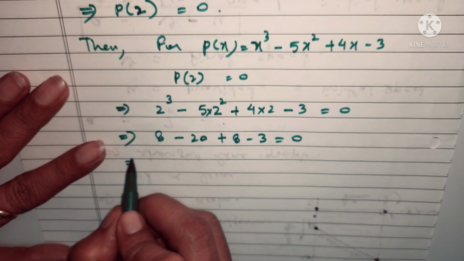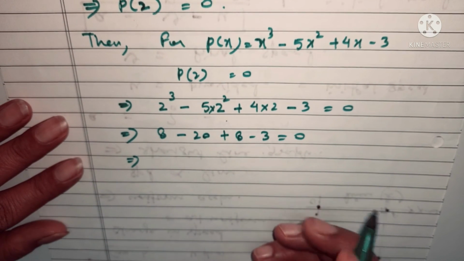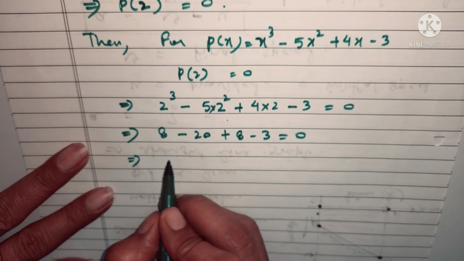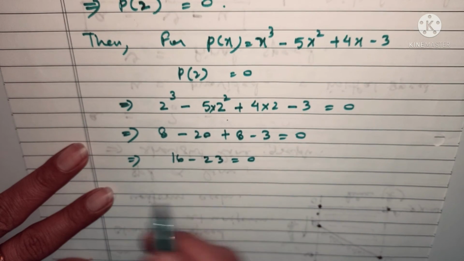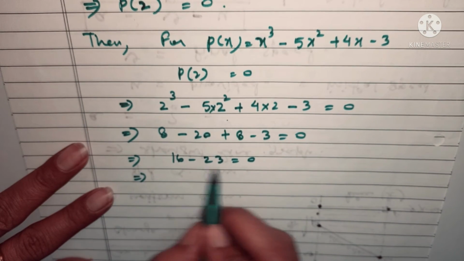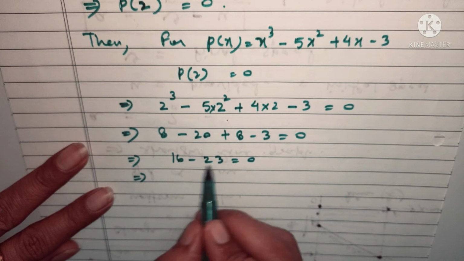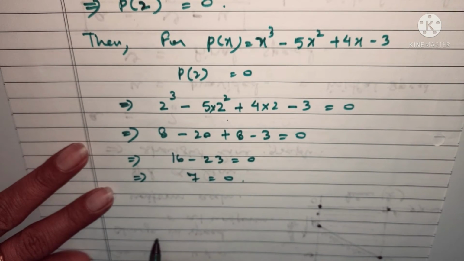Then further it will be what? You can see here it is 16 and this is minus 23. Okay, so it is going to give you 16 minus 23, which is equal to 0, and then you will get what? You are getting this 23 minus 23 and 16 will give you how much? Minus 7 equal to 0. It means what?